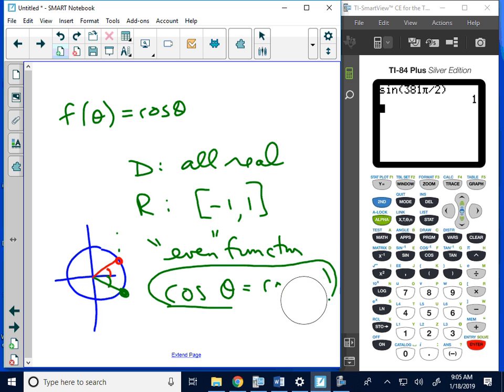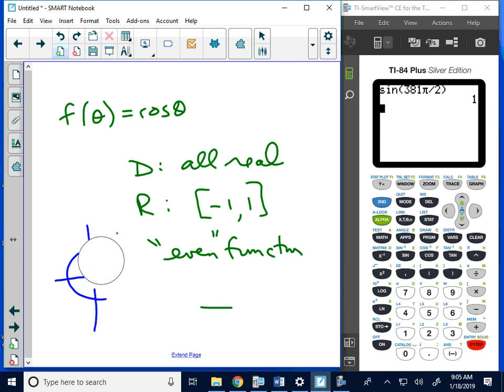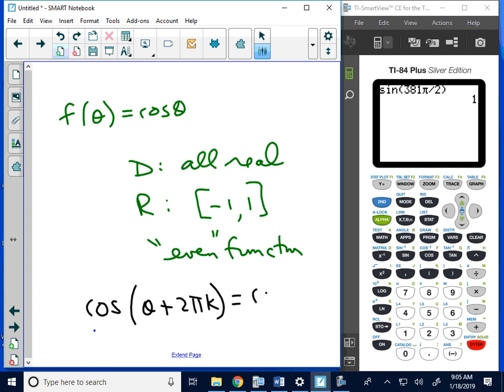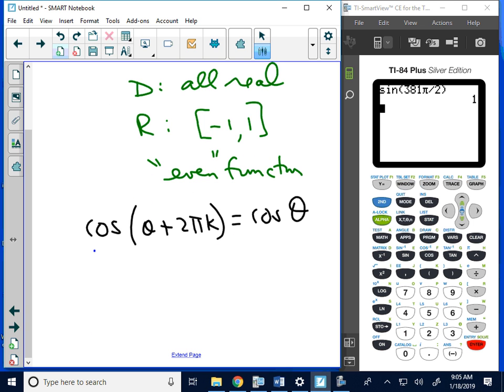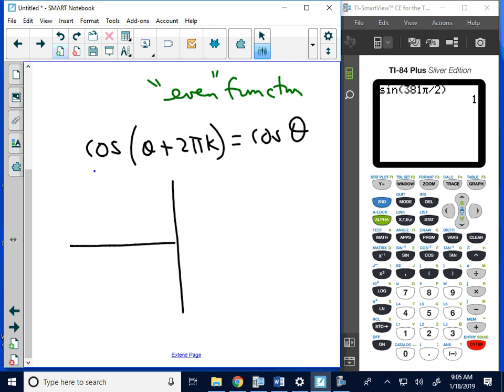The last thing we could probably do is the period. And by the way, it's exactly the same as sine. So I can say cosine of theta plus 2 pi k is exactly the same as the cosine of theta. Again, we don't need the picture at this stage, but don't go away yet.